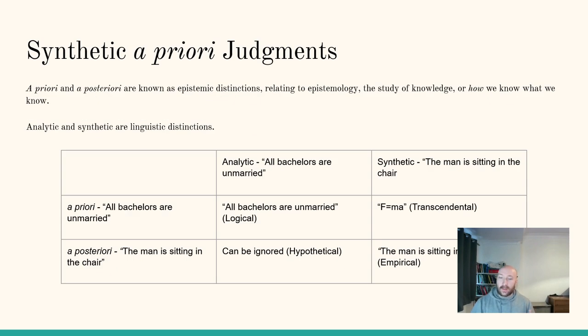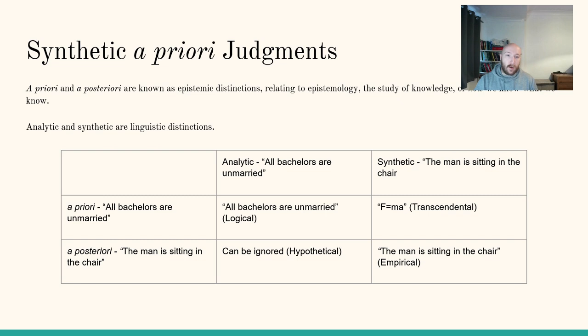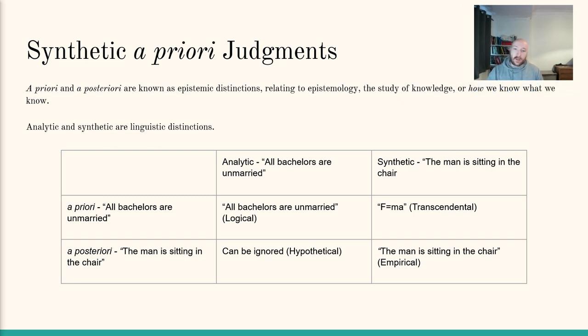So moving forward, this is when we finally get to the other part of this little lecture here on synthetic a priori judgments, which is something everyone will hear a lot about when they get into Kant. So in critical philosophy, the subject constitutes its objects.